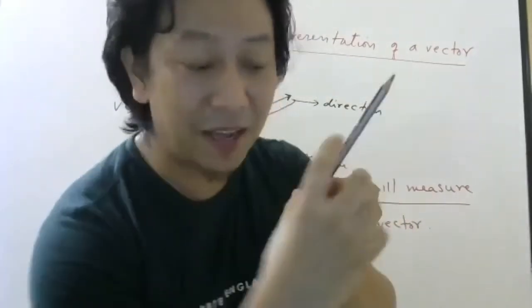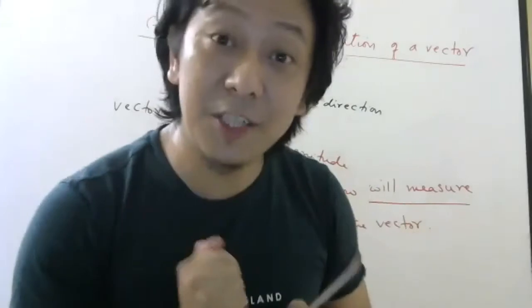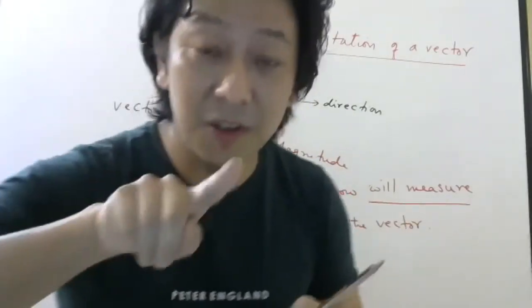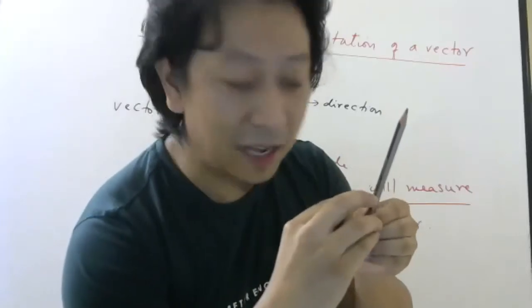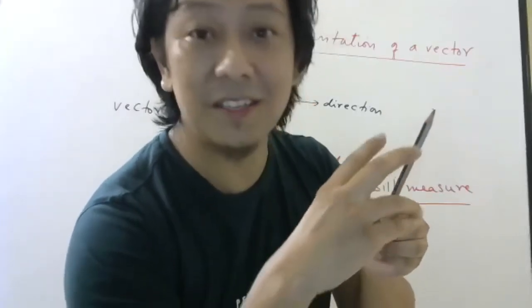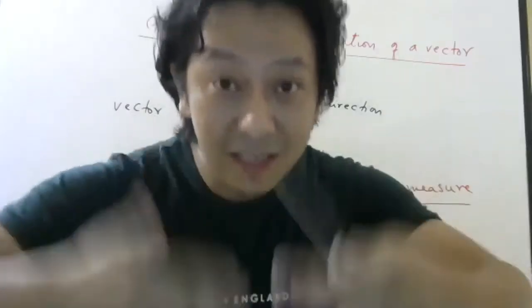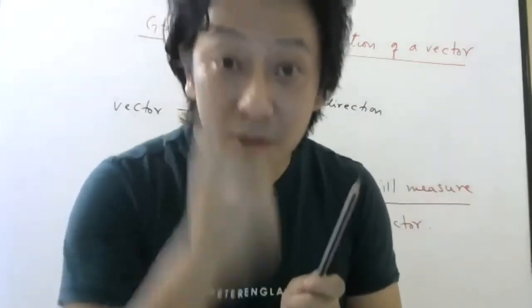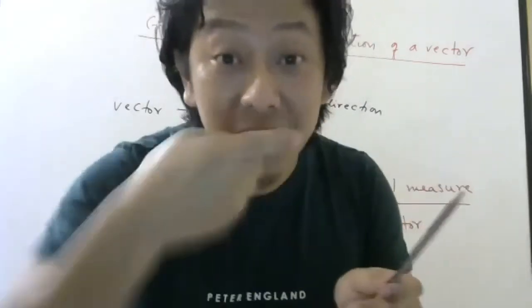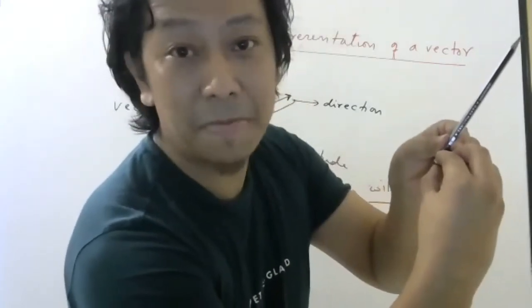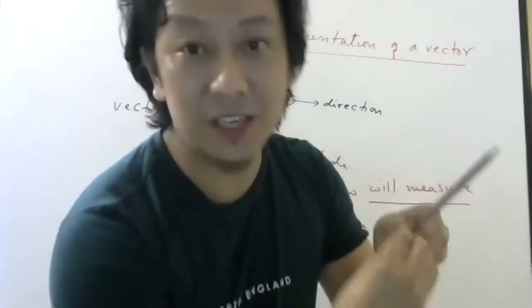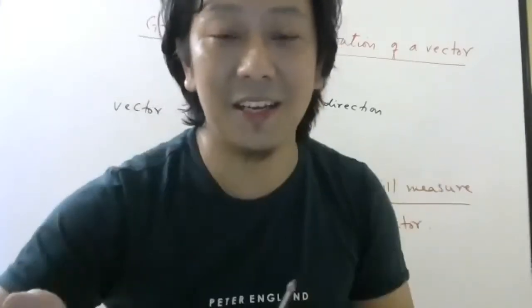But actually it is length, no? Then how is it possible? As temperature increases, the length of the mercury also increases. Since both increase with each other, we can use the length to measure temperature. This much I can say 1 degree, this much 2 degree, this much 3 degree.